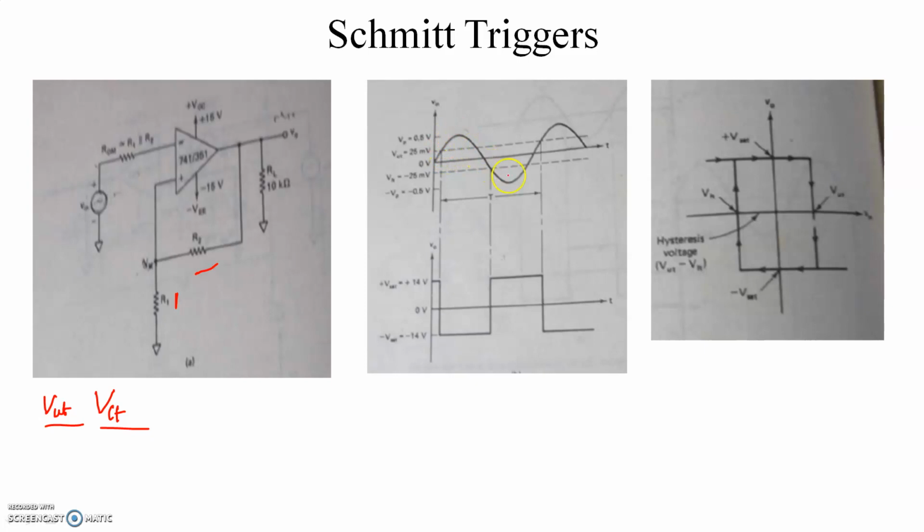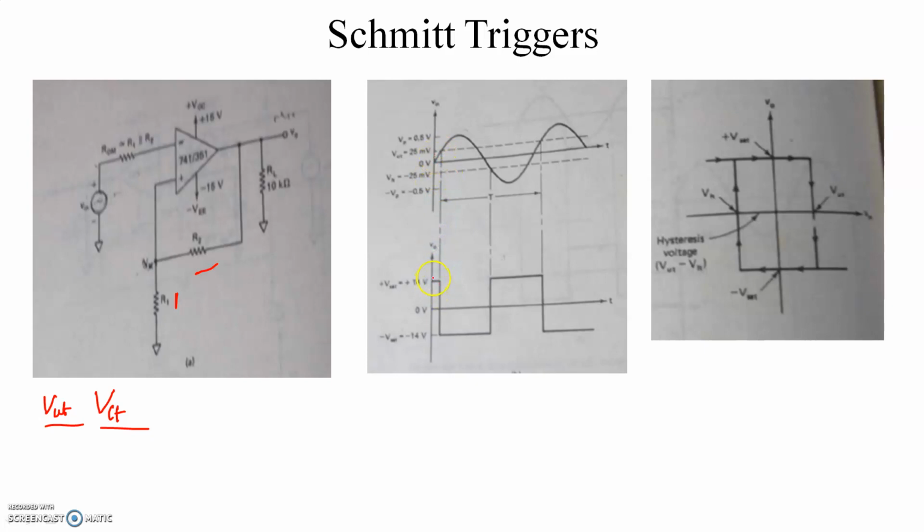It is pictorially represented in this figure. Here, in this particular combination, we have obtained the upper threshold voltage VUT at 25 millivolts, and whenever the input voltage Vin becomes slightly more positive than this reference voltage, the output switches.